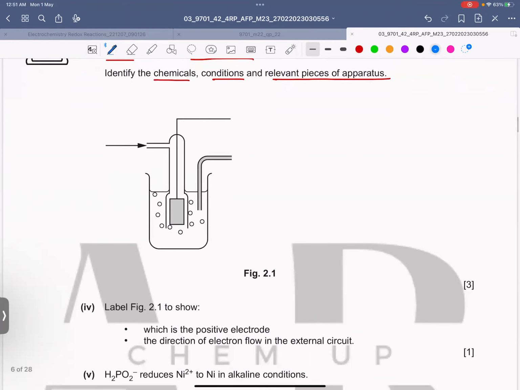So here you can mention hydrogen gas, and its pressure would be 1 atm and the temperature would be 298 K. Here you can put a voltmeter. And then here we have our next electrode.